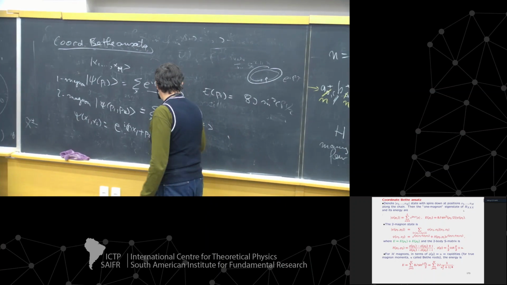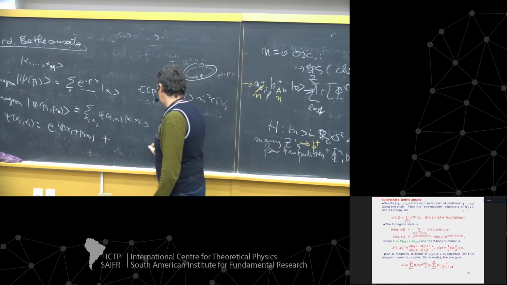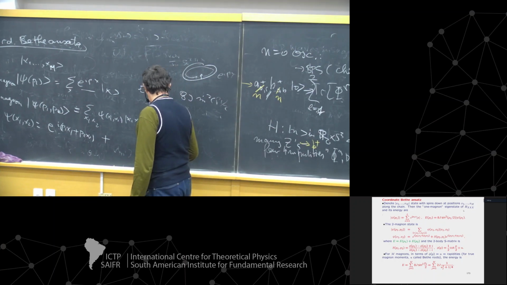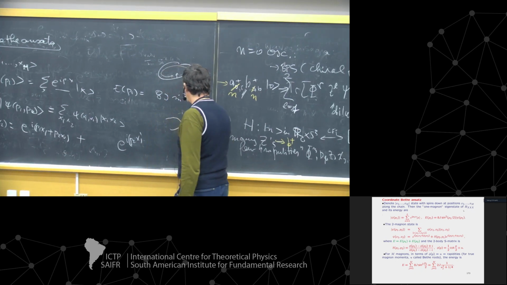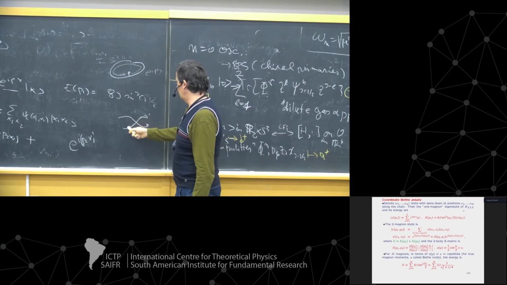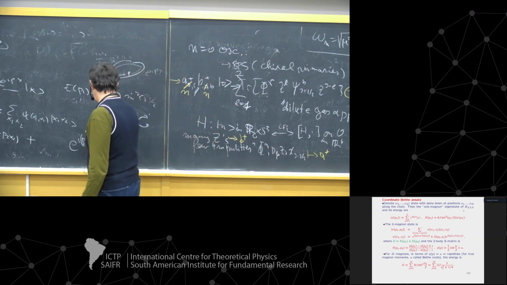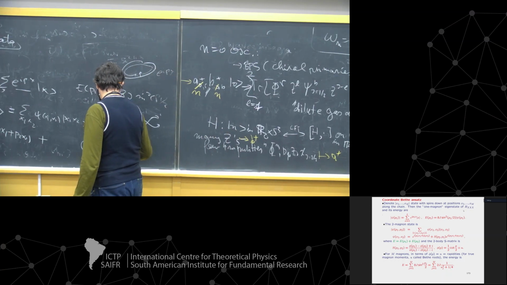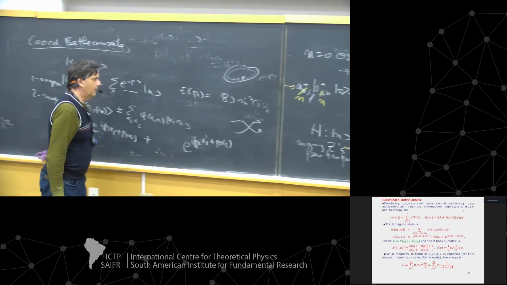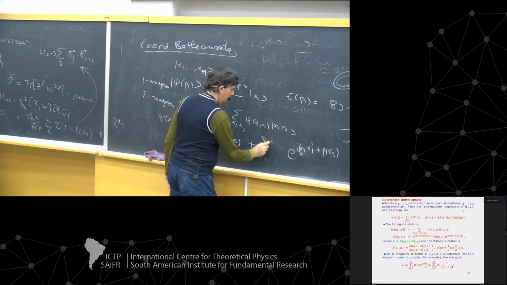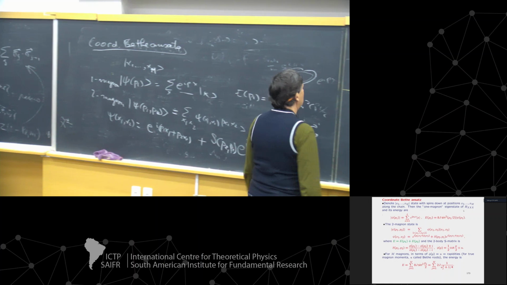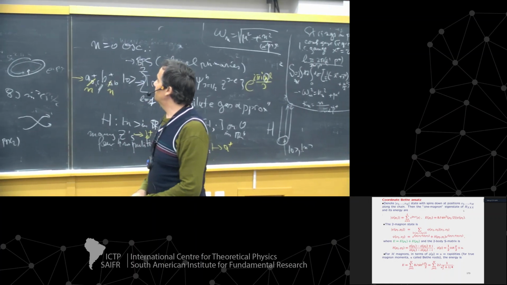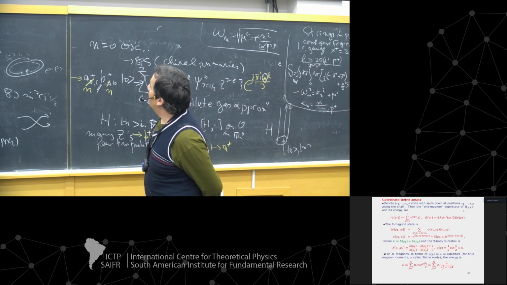But then the non-trivial part is a term where I interchange the momenta. So let's say you have a magnon that comes in with momentum p1, then another with momentum p2, and the two interchange momenta. But this process should happen with some S matrix, some amplitude for probability. This is called S(p2, p1).